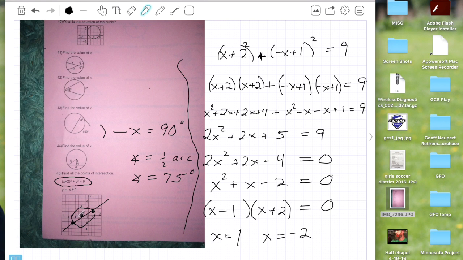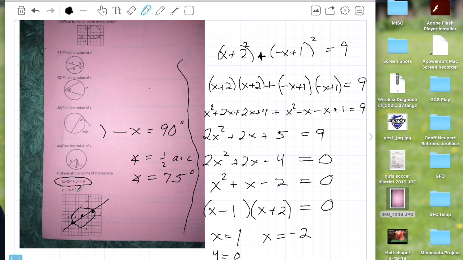It would look like my picture's way off, but the x value of one crossing point is 1, and the x value of the other crossing point is negative 2. To find the y value, because these are points of intersection, you need the y value. Let's see, y equals negative 1 plus 1, which is 0 for this one.